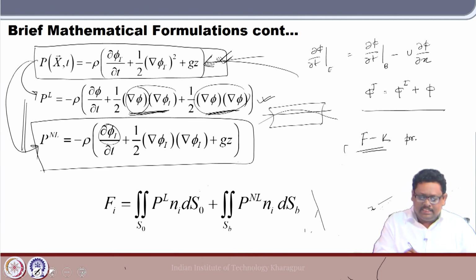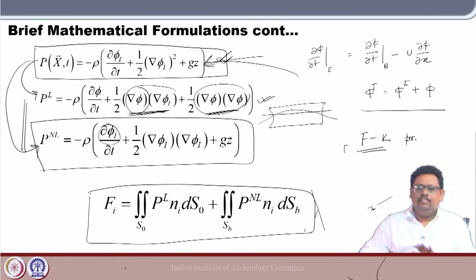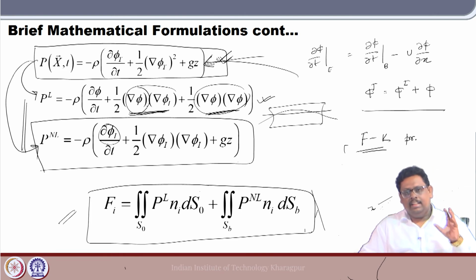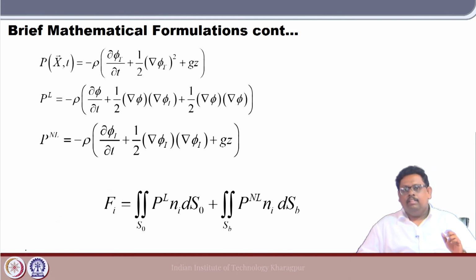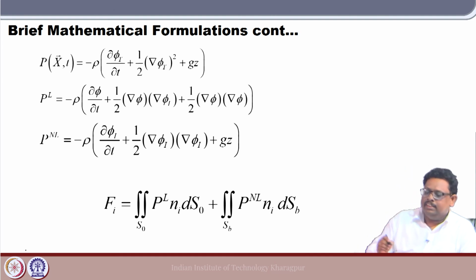Now, this line is not at all a very difficult task, so for a moment we can just skip it right now. Let us focus on what I mean when I say that it is the exact free surface. What is the meaning of exact free surface?